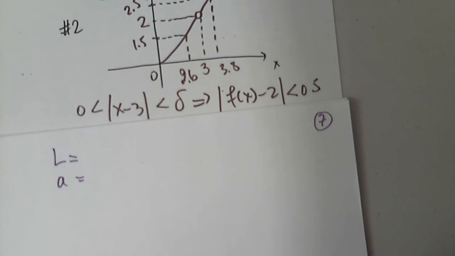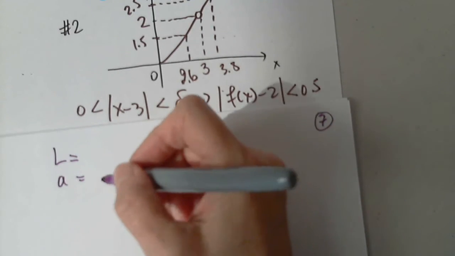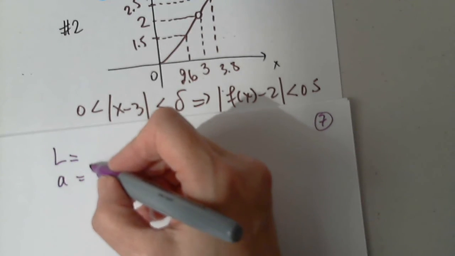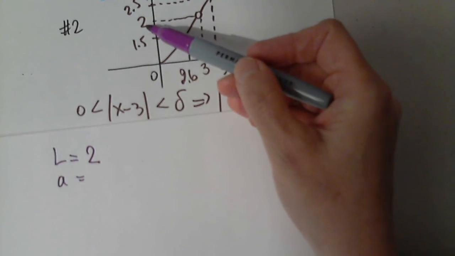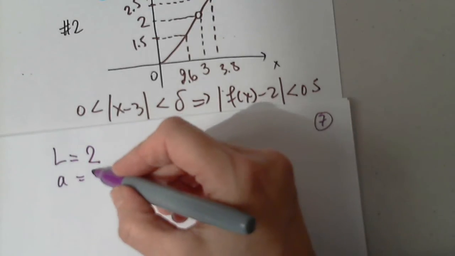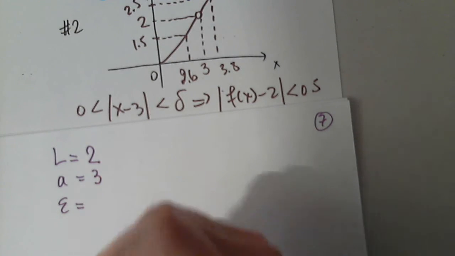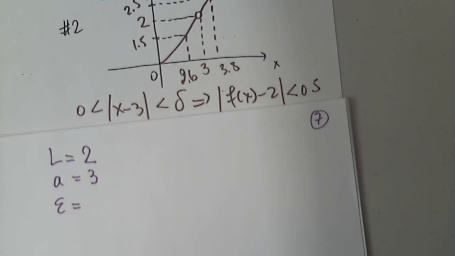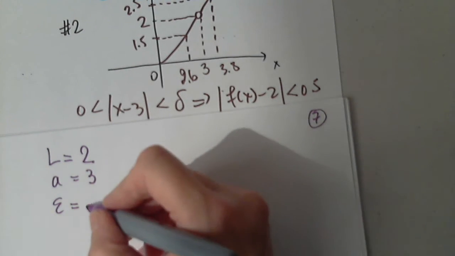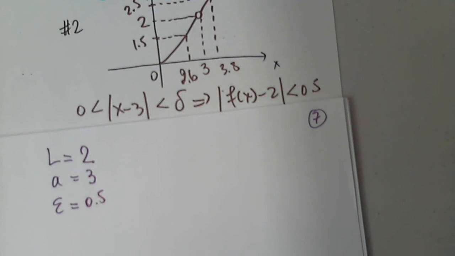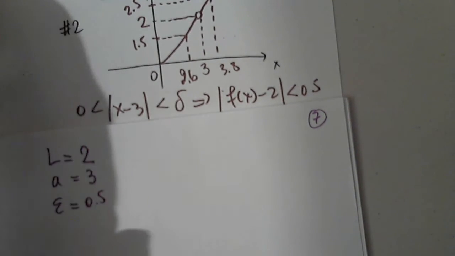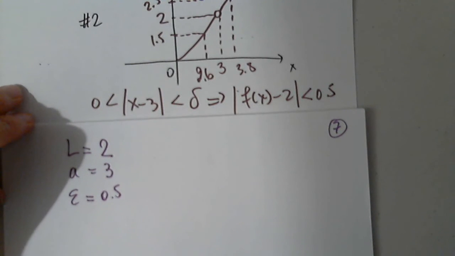We don't have the algebraic expression. The L, yes, the L is 2, of course. And a is, of course, 3. Very good. Excellent. And can anyone identify epsilon? 0.5. Excellent. Do we all agree so we can move on? If you don't agree, then I have to stop and explain again where they are coming from.